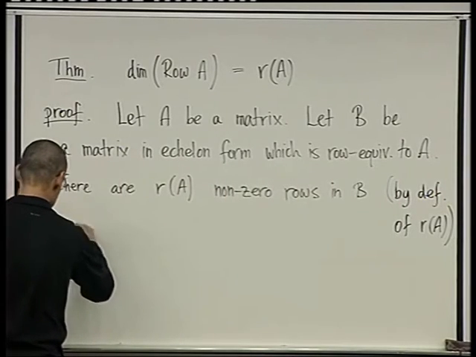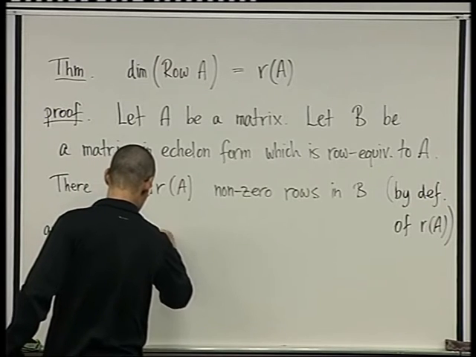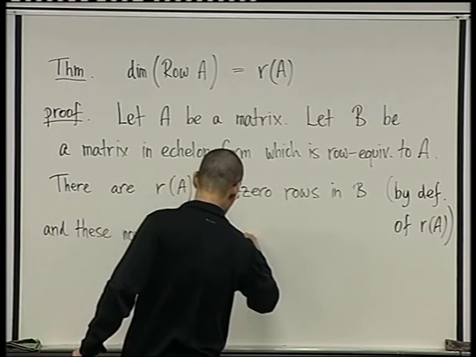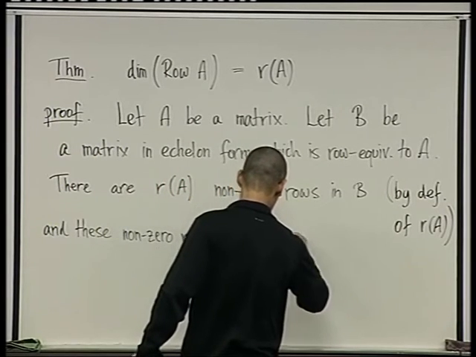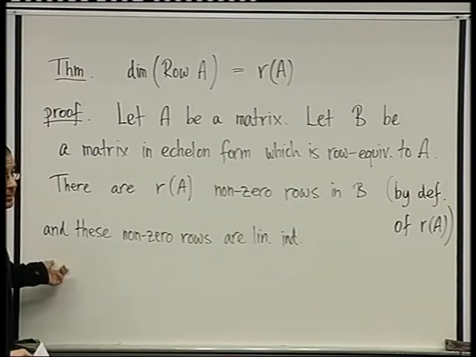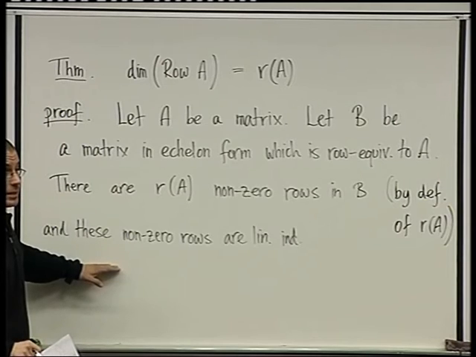So let me add, by definition of R of A, and these non-zero rows are linearly independent. Why is that? How do I know that the non-zero rows are linearly independent? It's echelon form.